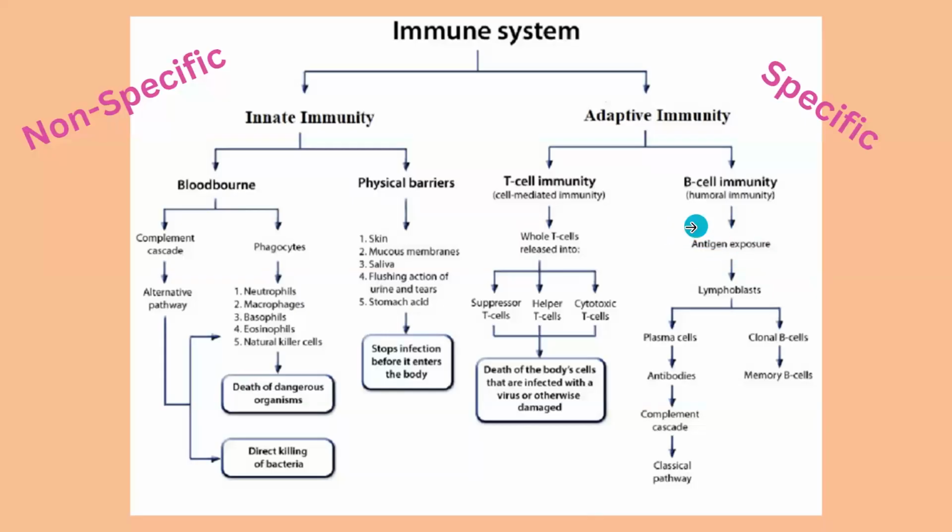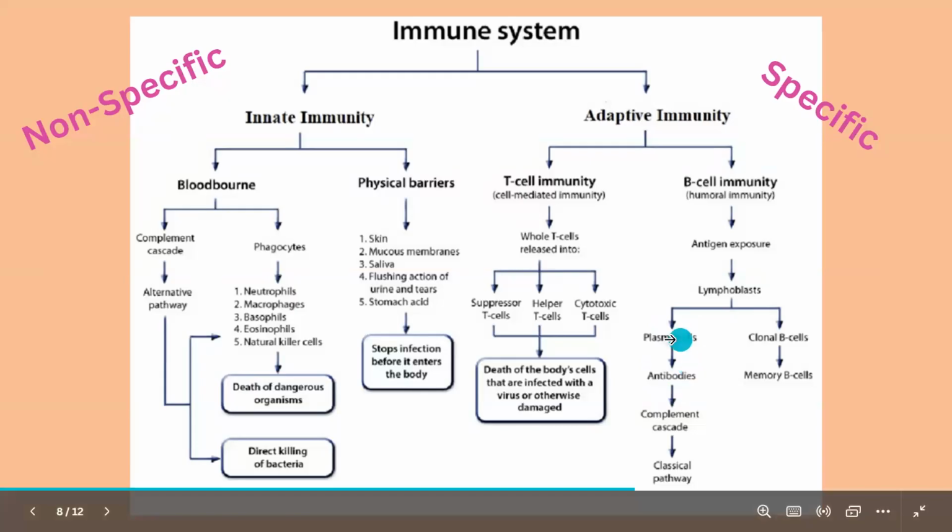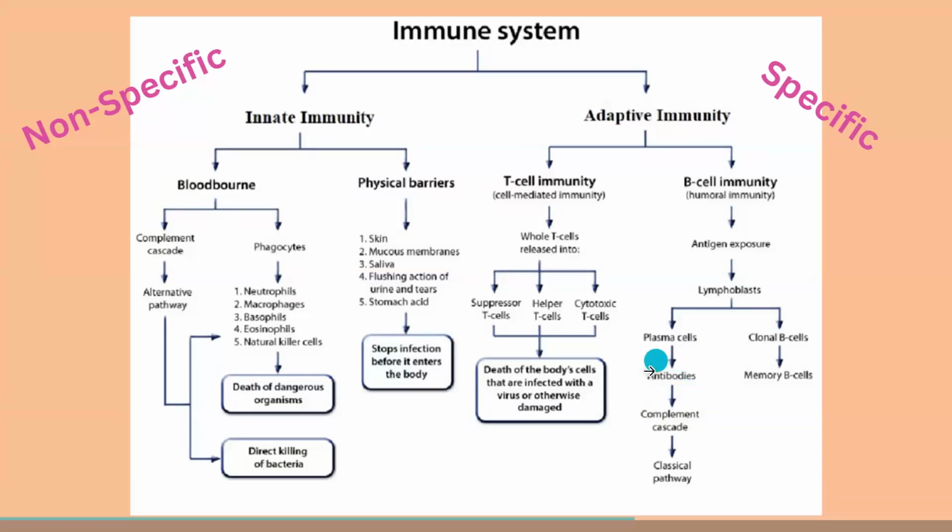the first time you get exposed to an antigen, your B cell is going to recognize that antigen. It's then going to produce antibodies. Antibodies and their antigen go hand in hand. They match up with one another.